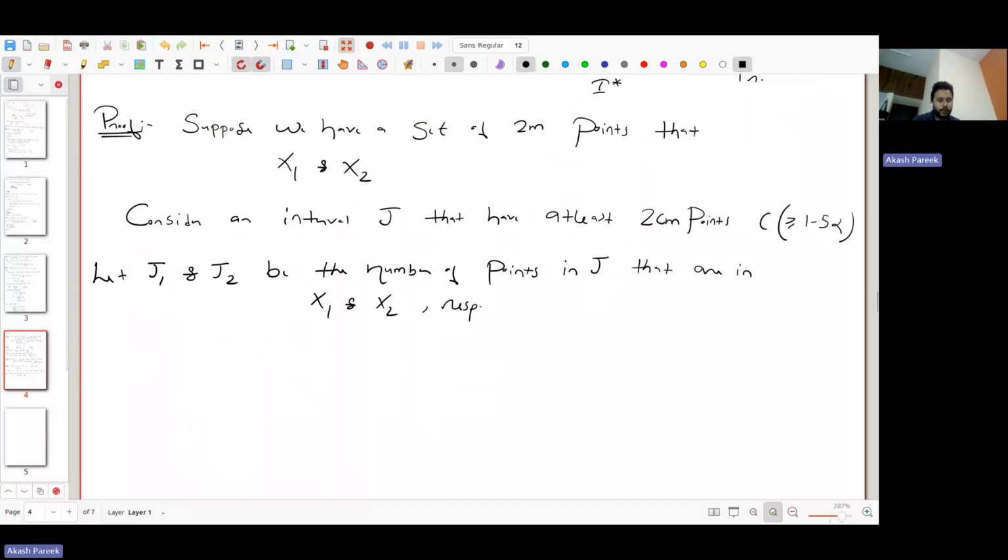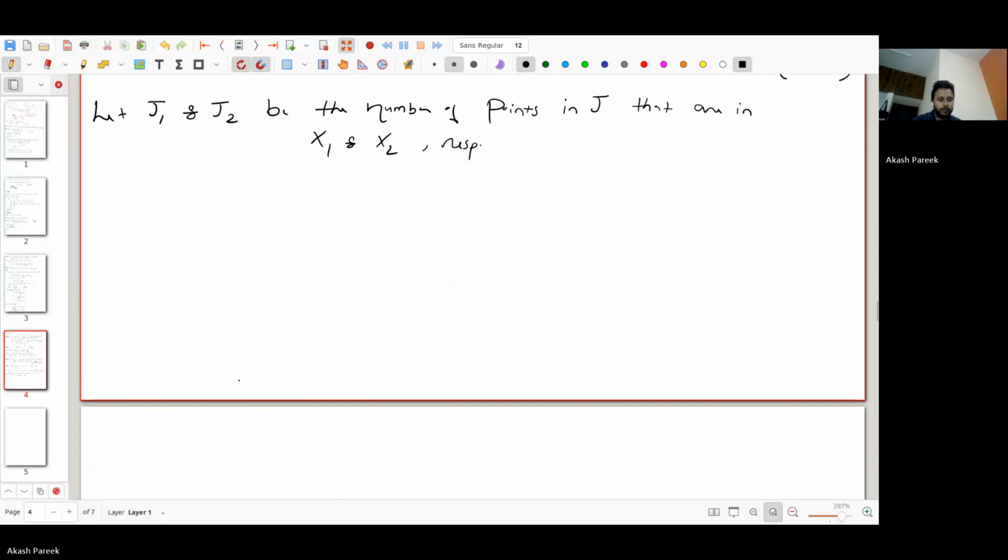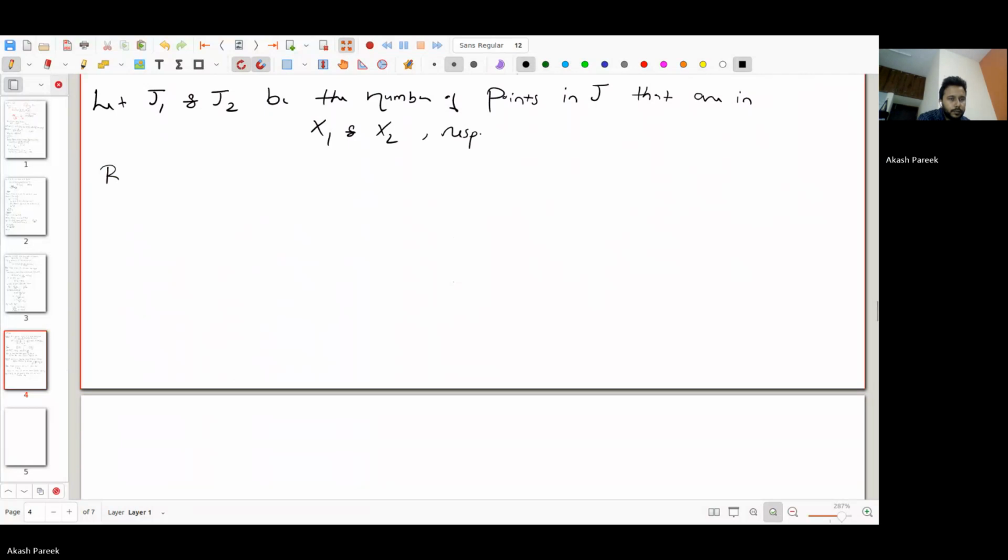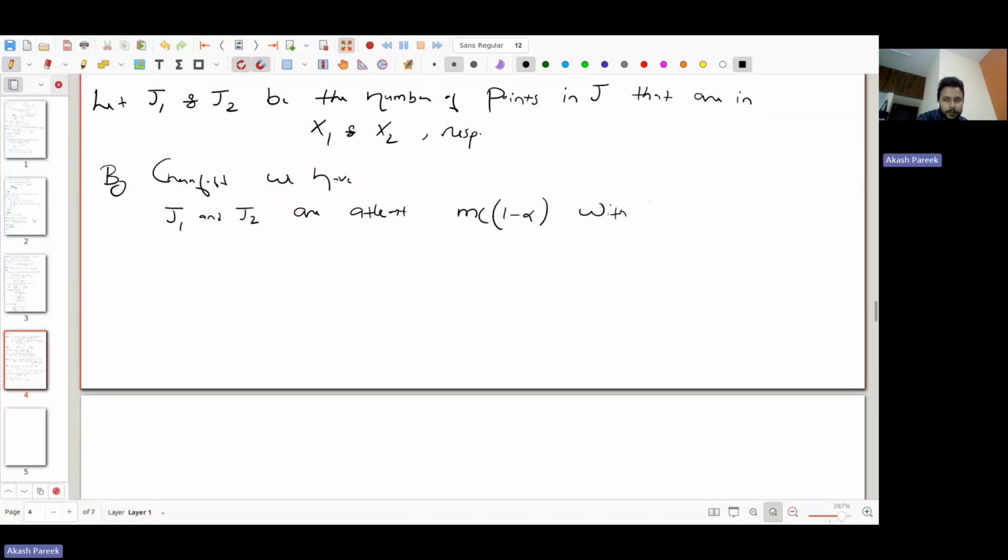Then by Chernoff bound, we have that both J1 and J2 are at least mc(1 minus alpha) with high probability.